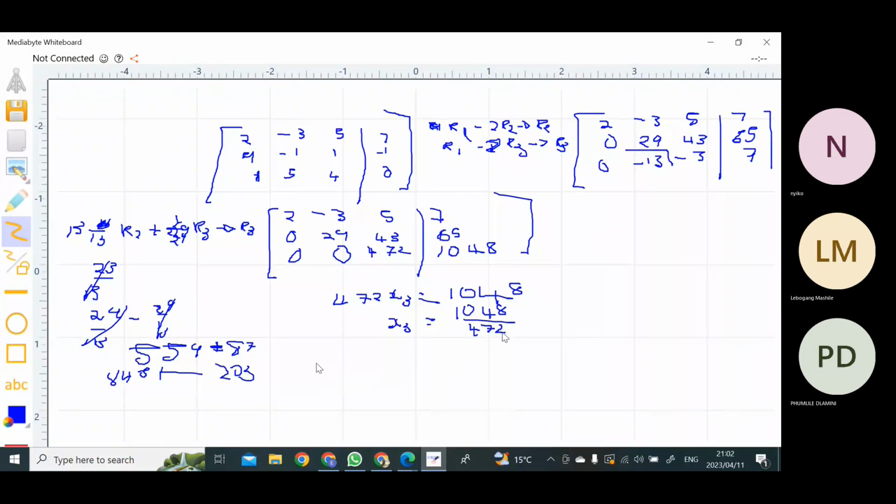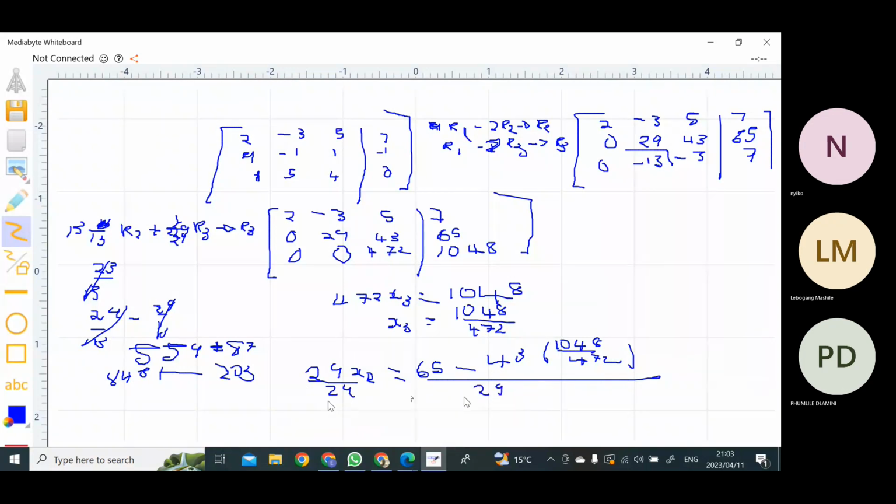Then to substitute back here, you're going to have 29 x2. x2 is going to be equal to 65 minus 43, where there is x3 we substitute 1048 over 472. Then you divide everything there by 29.